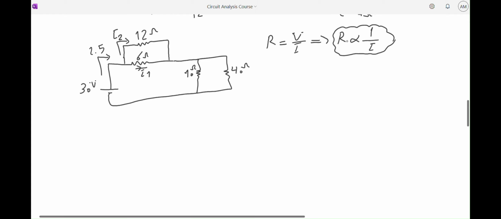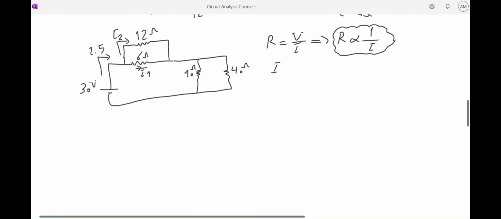What does that infer? That infers that if 12 is 2 times 6, that means that the current which flows into 12 has to be half of the current that flows into 6. Why? Again, because current has an inverse relationship with resistance.